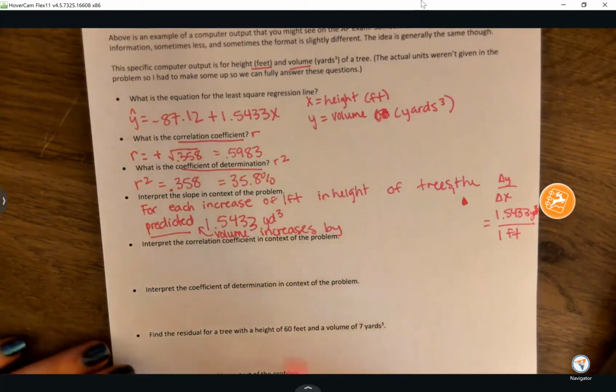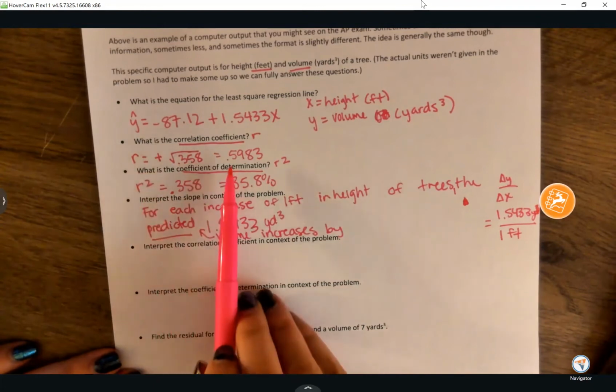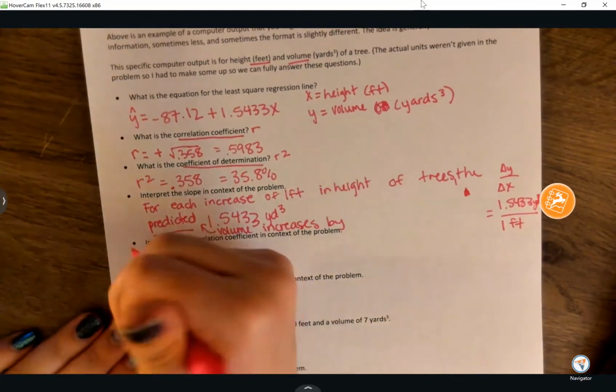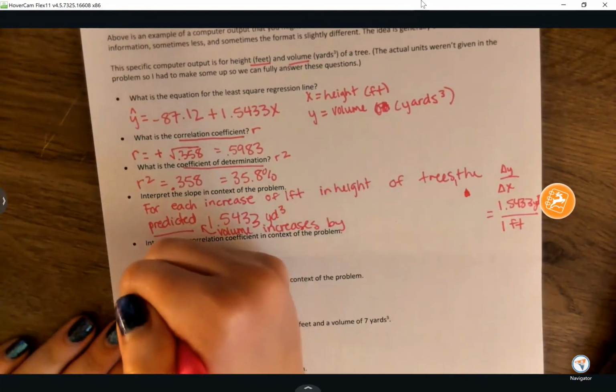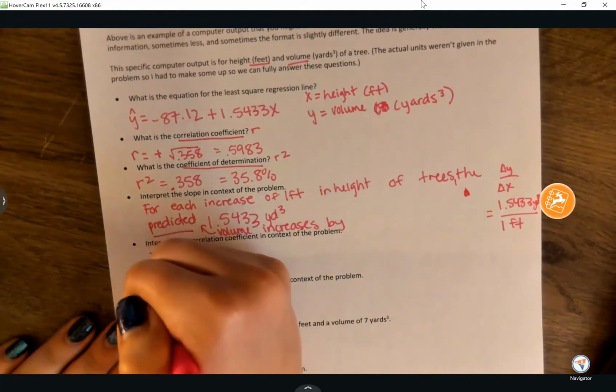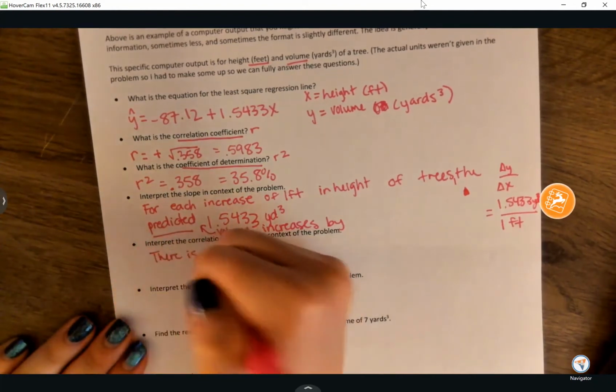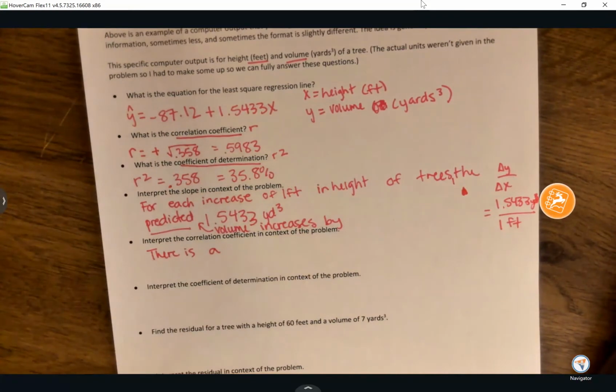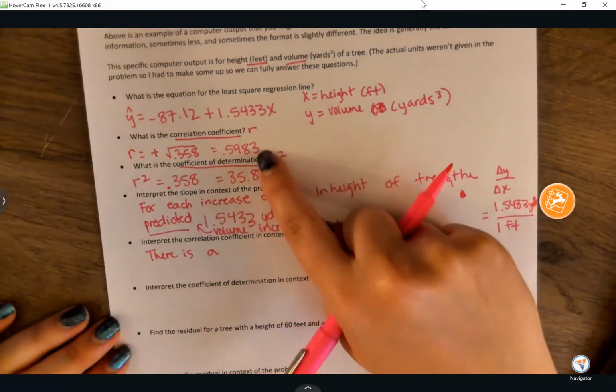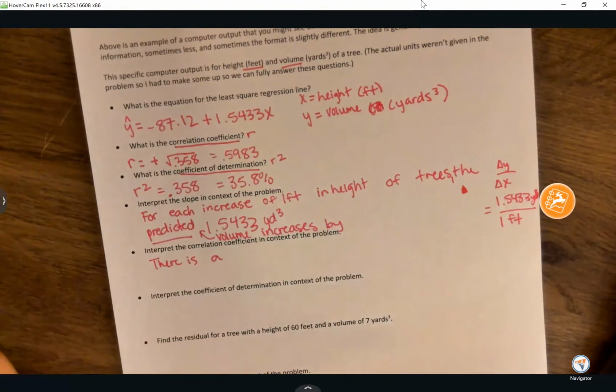Correlation coefficient. That was R, which was positive 0.5983. So we need to determine if it's strong, moderate, or weak. So we look at this number. Remember, anything between 0.5 and 0.8 is considered moderate.